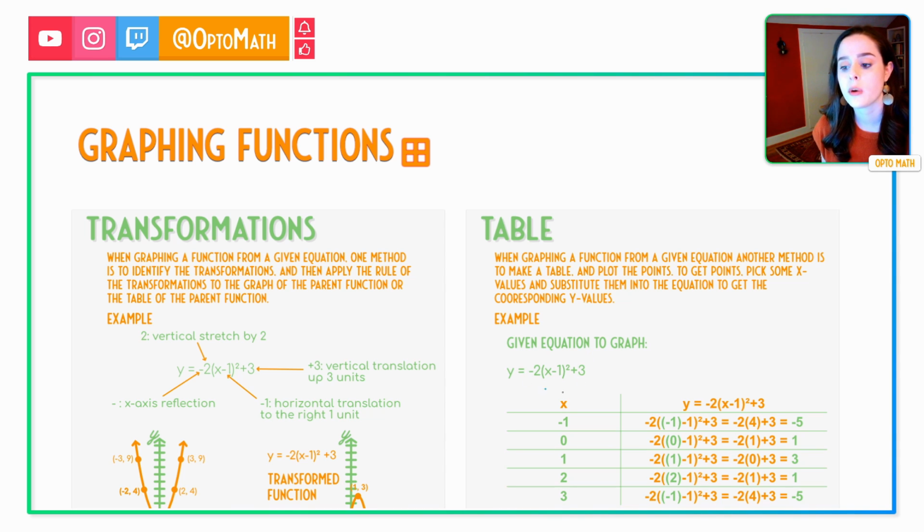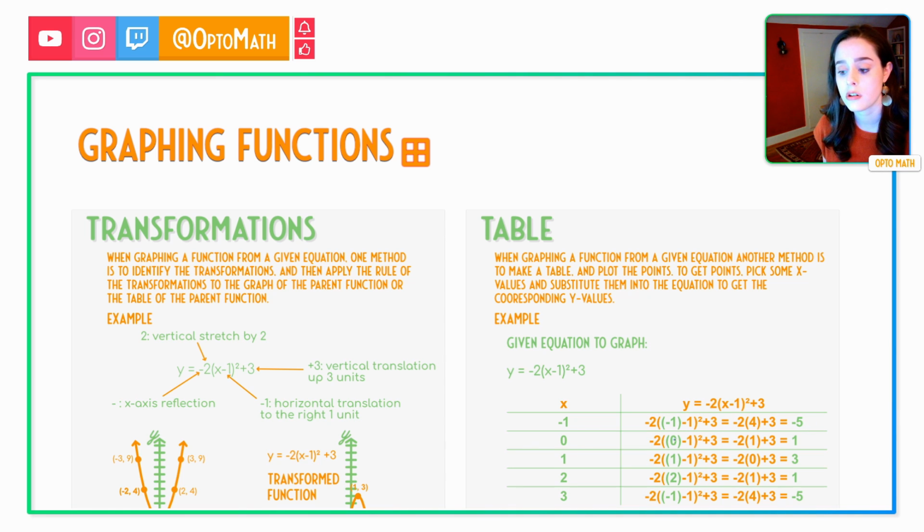So we're given this equation to graph, which is the same equation we had over here on our left, and we just pick some x values, -1, 0, 1, 2, and 3. So just one negative number, or 0, and then 3 positives. And so we just substituted -1 for x, and we got -5. So that's our new point.